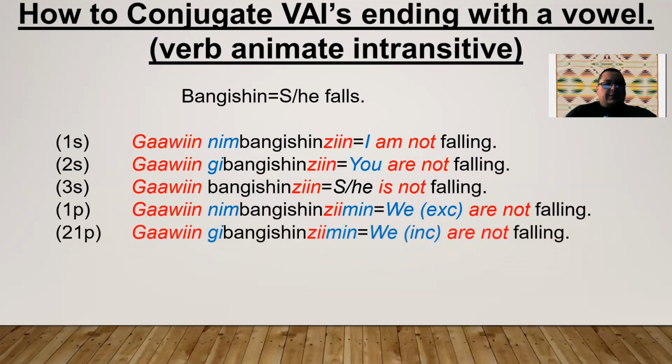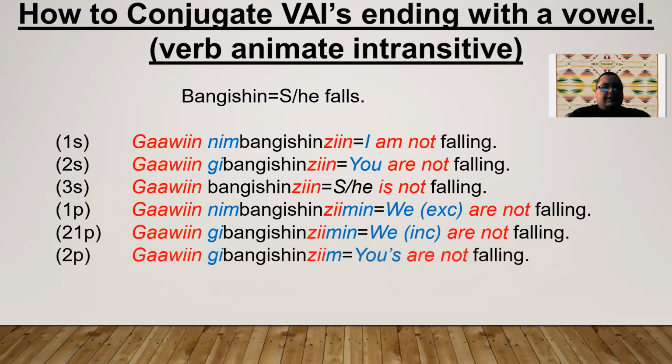Second and first person plural, we including the person we're talking to. Gawin gibangishinzimin. We are not falling. Second person plural, talking about yous or you all. Gawin gibangishinzim.